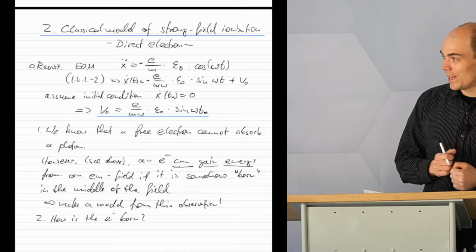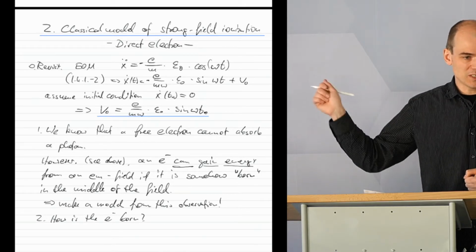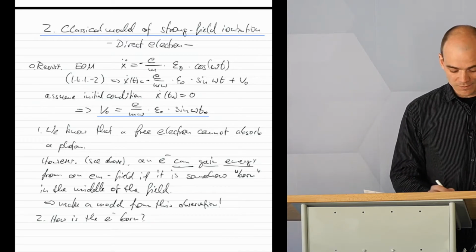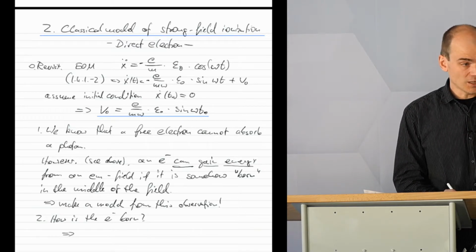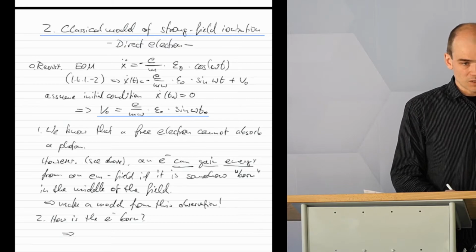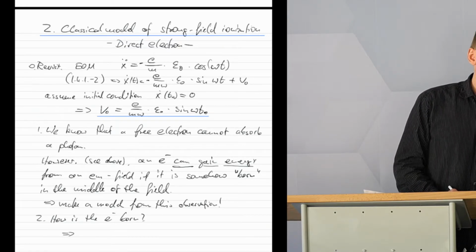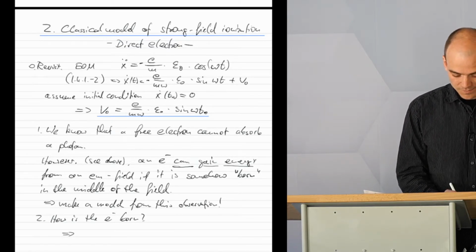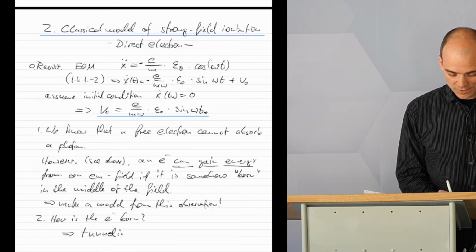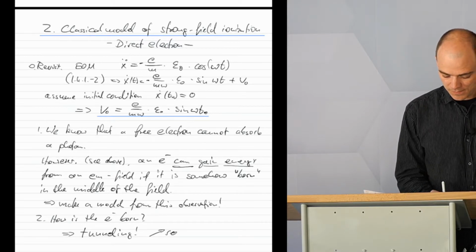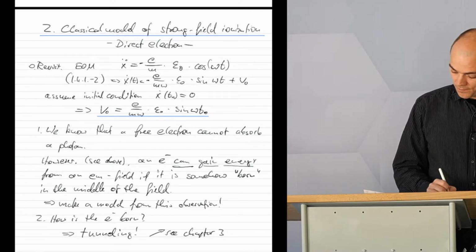How this happens will be the topic of the next chapter. So we will not worry about it for now, but we will keep this in mind and return to this question in the next chapter. Tunneling, see chapter 3.